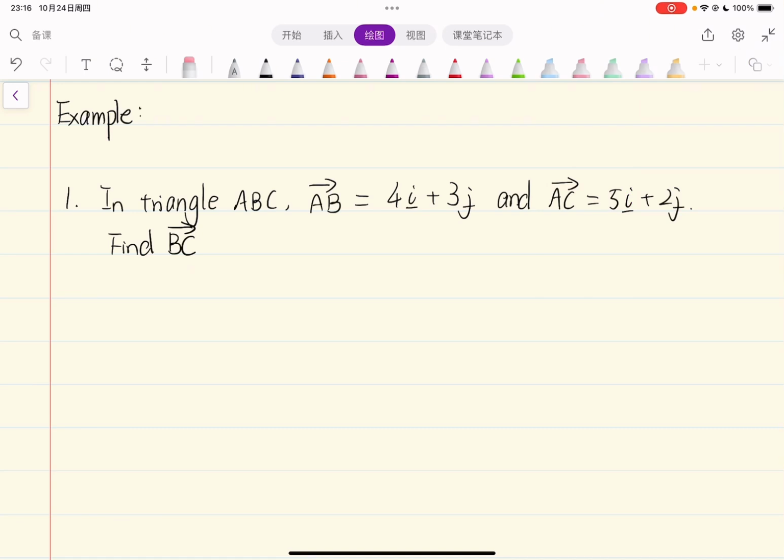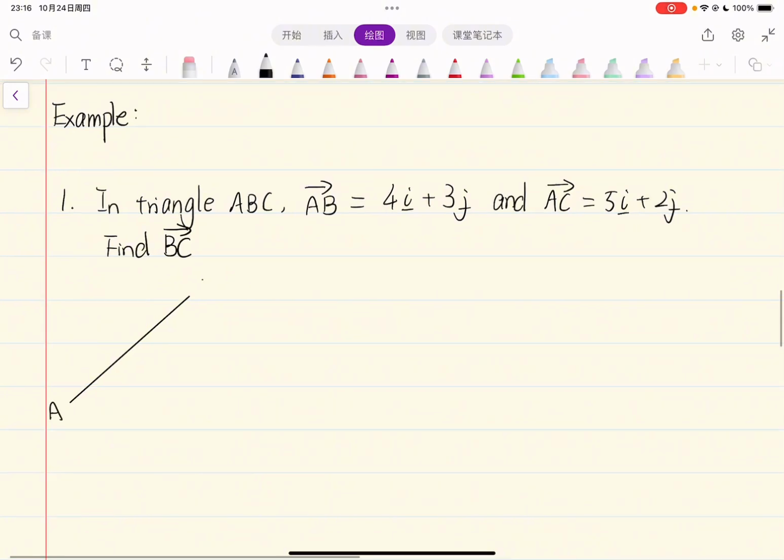So we have AB, that is 4i plus 3j, so we have 4i over here and 3j over here. Now you also know that the vector AC equals 5i plus 2j.